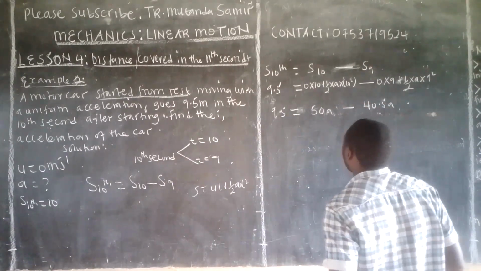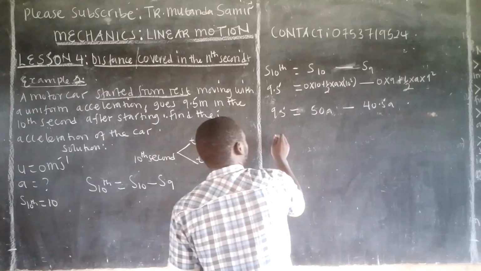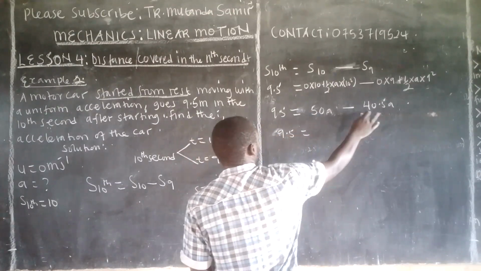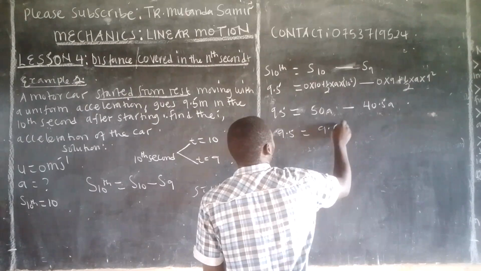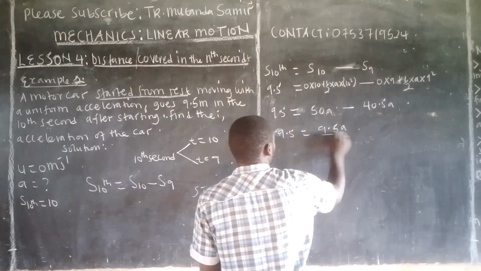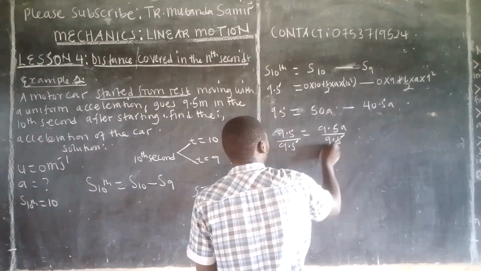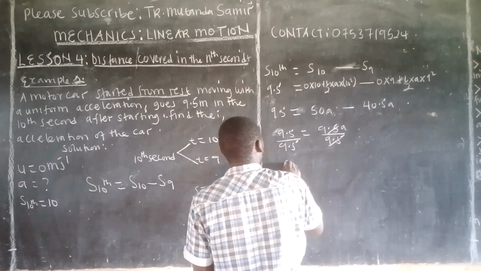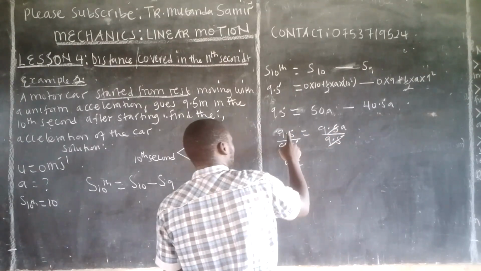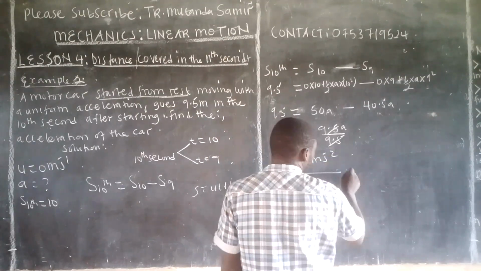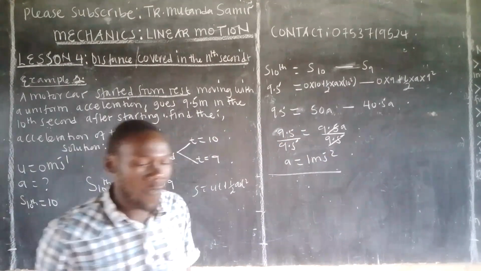When you subtract, you shall have 9.5 is equal to 9.5A. Remember the word acceleration, so divide by 9.5 on both sides, cancel that and that. We shall have our A as 9.5 divided by 9.5, which gives 1 meter per second squared. Please remember the SI unit.